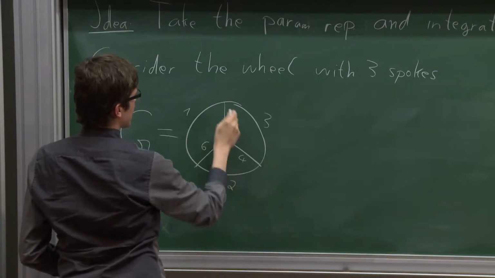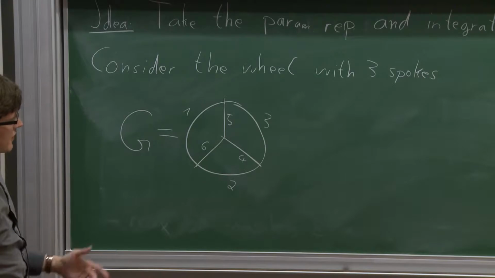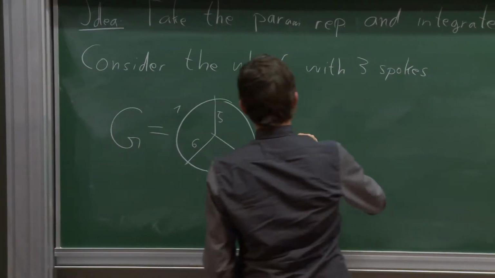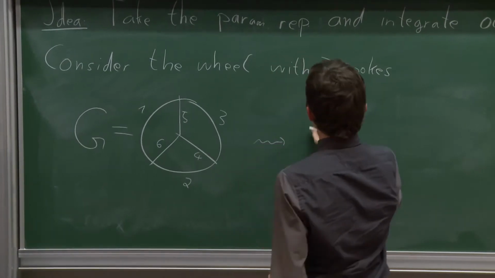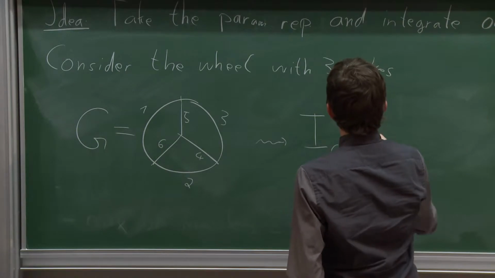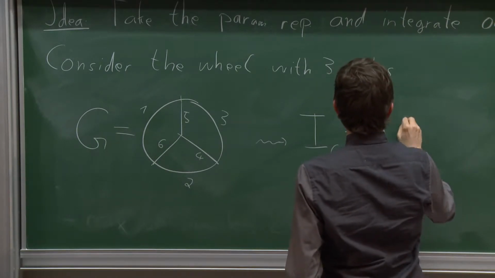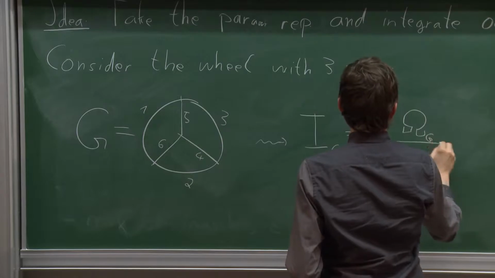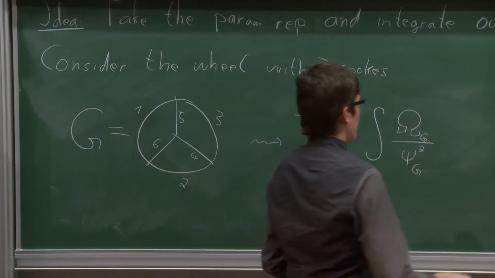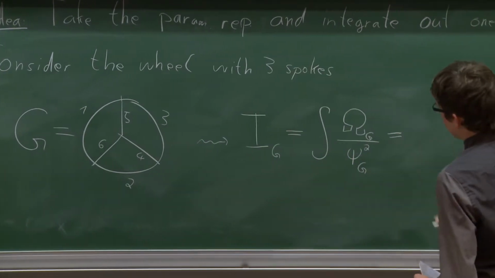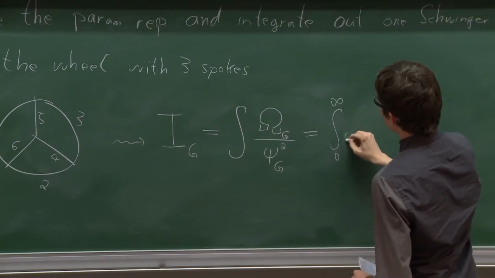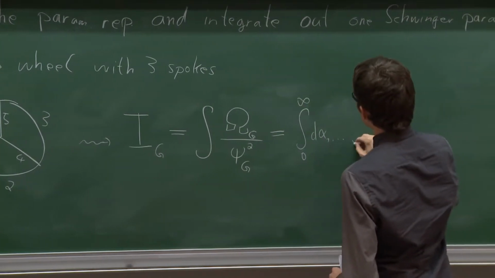You can think of it as a graph in phi to the 4 theory with 4 external legs, but because it's logarithmically divergent in 4 dimensions, it has this residue, which I will denote by I of this graph, which is just the integral over omega_G divided by the square of the graph polynomial, the first Symanzik polynomial. What does this mean? I will evaluate this integral finally, so we just have to integrate from 0 to infinity all the Schwinger parameters.